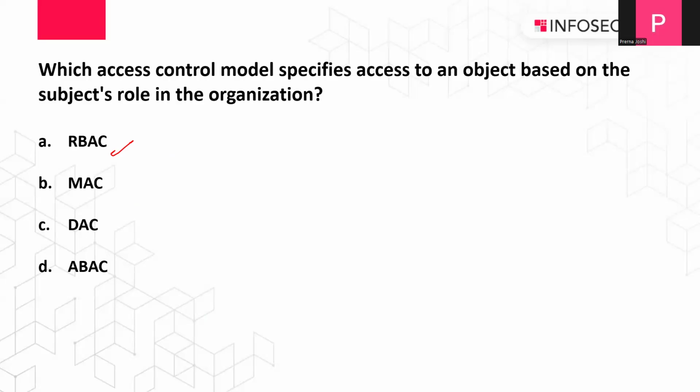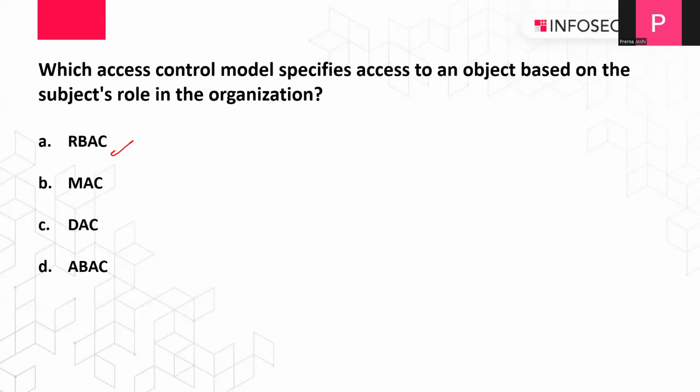So let's say there is an HR person in the organization. He has access to the employee documents. So this is the access he has based on his role. So that is role-based access control.